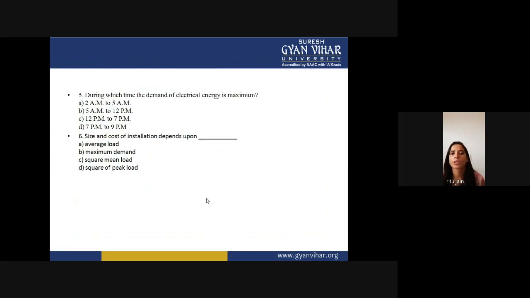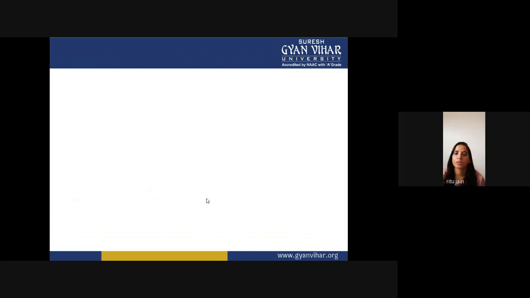Now, during which time is the demand for electrical energy maximum? From the diagram, we have already seen that in the evening hours you require a large amount of energy, which is from 7 p.m. to 9 p.m. Size and cost of installation depend upon maximum demand. So how much maximum demand you require, the installation will depend upon this.